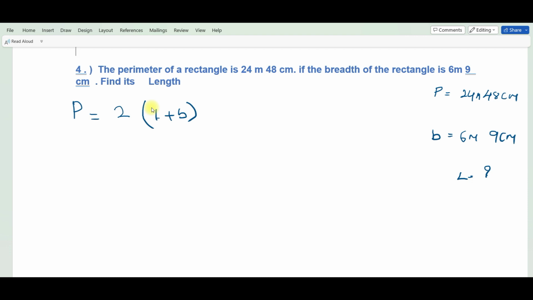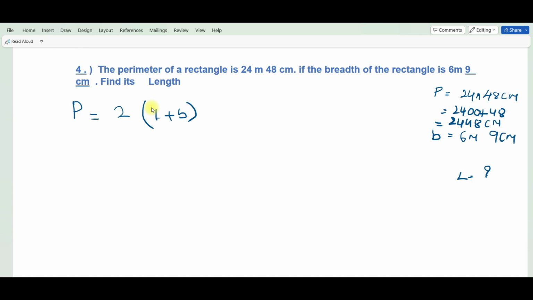Now 24 meters can also be written as 24 times 100, because 1 meter would be 100 centimeters. For 24 meters, it would be 2400 centimeters. I also have 48 in it, so I have to add that, which will give me 2448. So that is the perimeter.